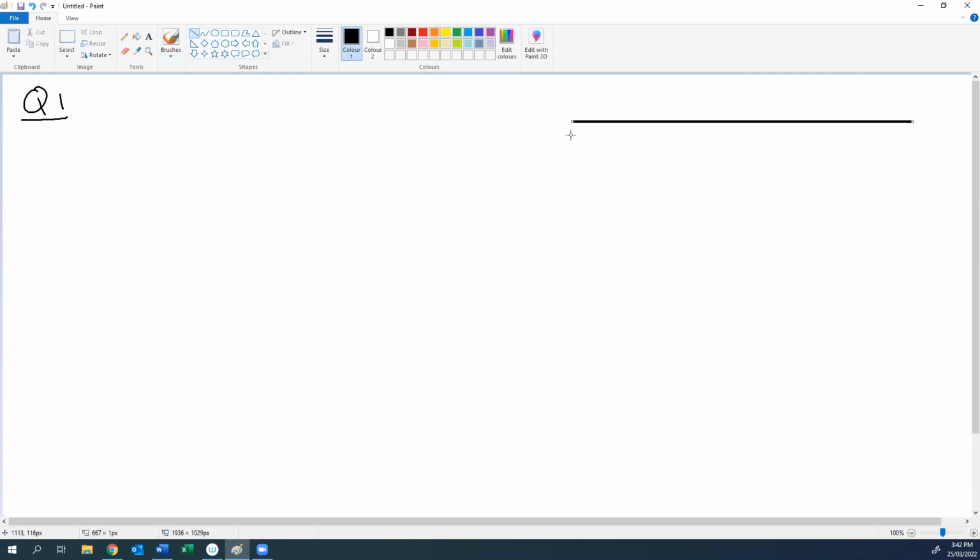We have a beam AB, and we have a roller support at A, a hinge support at B, and the total span of this beam is 800 millimeter.